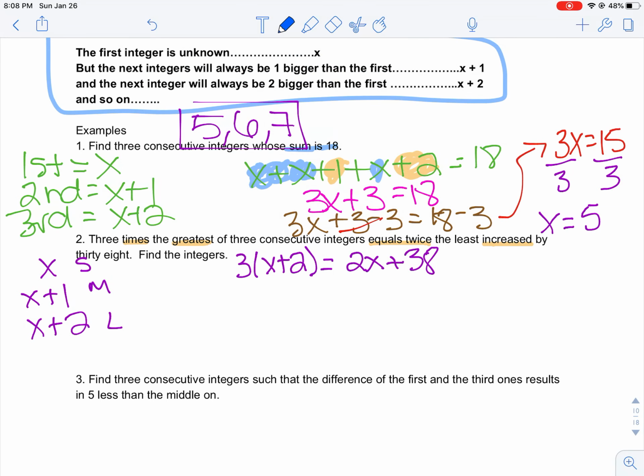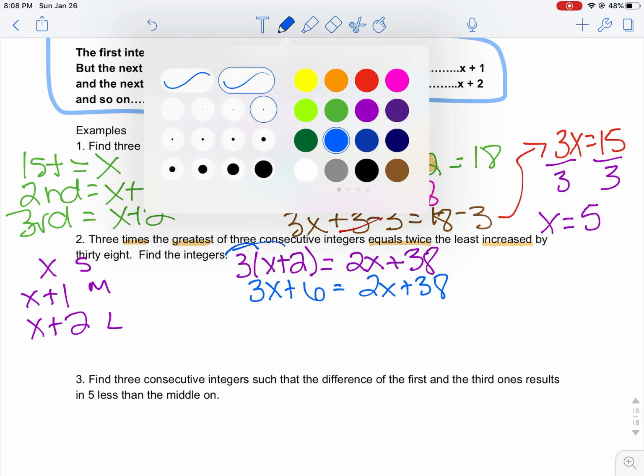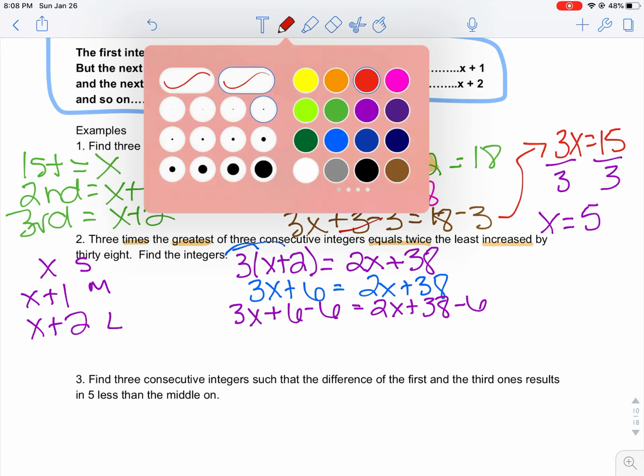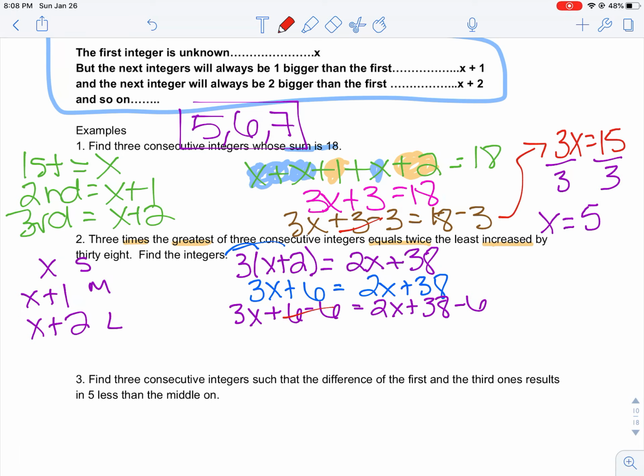So the first thing I need to do is distribute. I get 3x plus 6 equals 2x plus 38. If I subtract 6 from both sides, those cancel. I get 3x equals 2x plus 32.